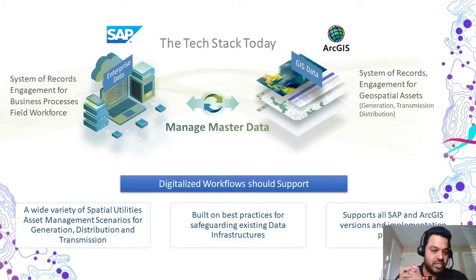One is ArcGIS, which is basically your system of record, engagement, and insight for geospatial data. That is where you would manage your location information, the geometry of your assets, and so on. On the other hand, you have another enterprise system, which is SAP, and you could be running SAP ECC or SAP S/4HANA to manage all your assets and business workflows and processes.